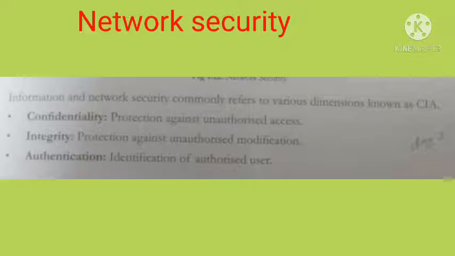Information and network security can be referred to as CIA, which means confidentiality, that is protection against unauthorized access; integrity, that is protection against unauthorized modifications; and authentication, which is identification of authorized users.